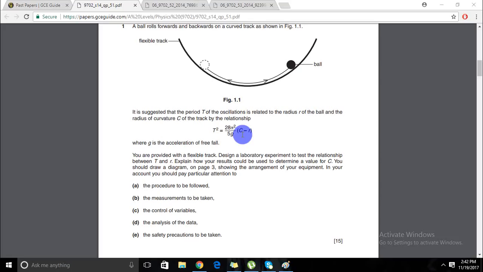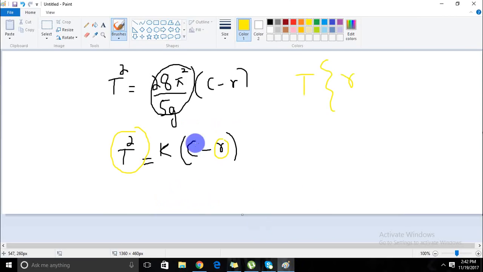And this is just conjecture at this point, right? Because this is c minus r, and t square is equal to kc minus kr.